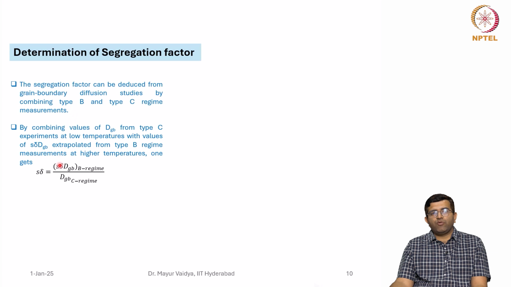So, if you combine these experiments, you can take the ratio of this, which gives you S into delta, and we know delta is approximately equal to 0.5 nanometers, and that way you can determine the segregation factor.